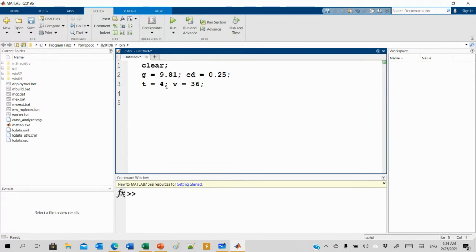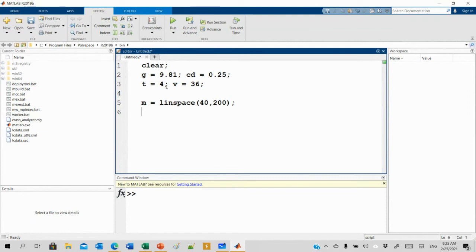I'll define a range for mass. I'll say mass is a linearly spaced vector. You'll find this in chapter 2 or 3. And I have the intervals that I will give from 40 to 200. So that will create for me a vector of values for the mass from 40 to 200.